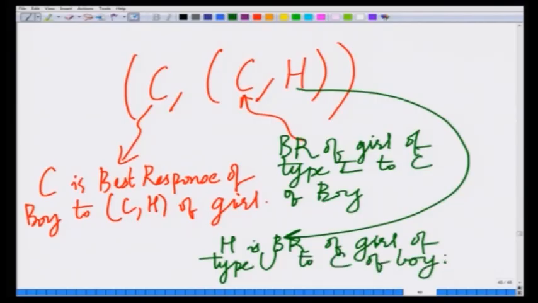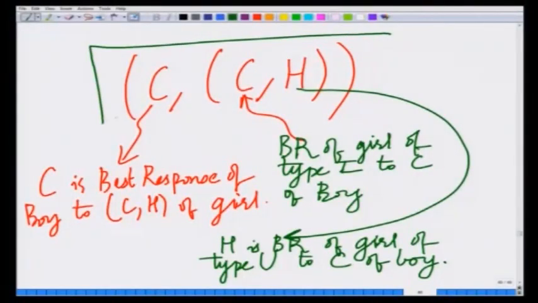So, C comma H is indeed a Bayesian Nash equilibrium, because C of the boy is the best response to strategy C comma H of the girl, and C comma H is the best response of the girl of each type to C of the boy. That is, C of the girl of type I is the best response to C of the boy, and H of the girl of type U is the best response to C of the boy.